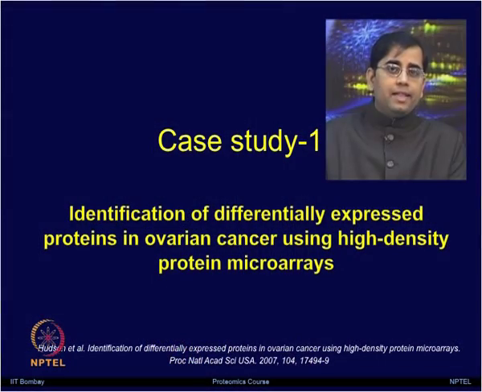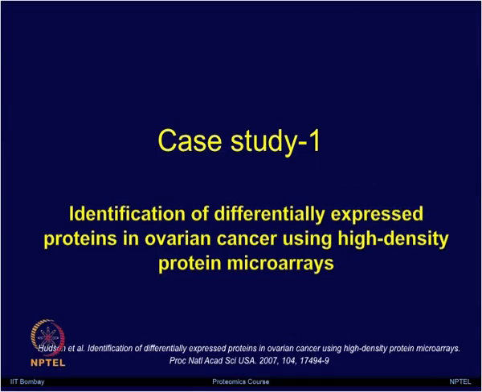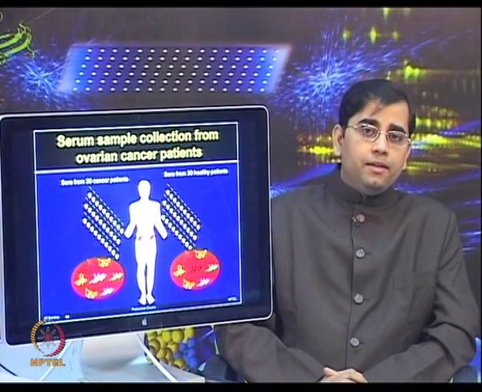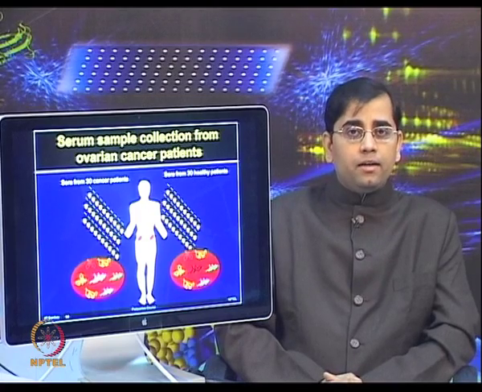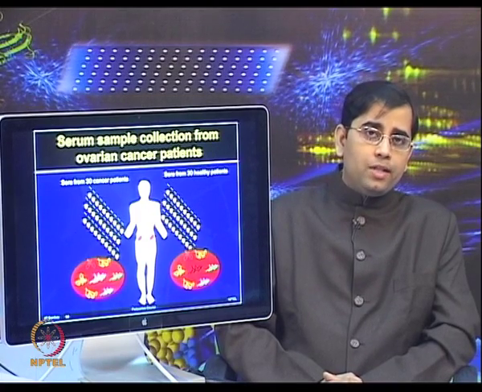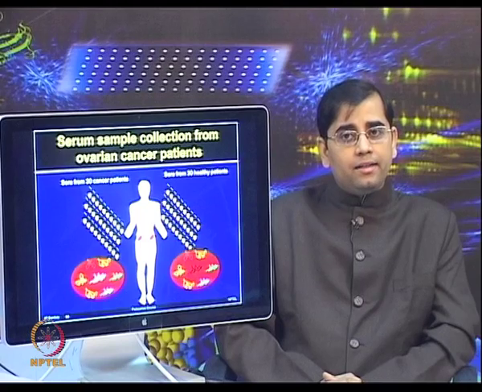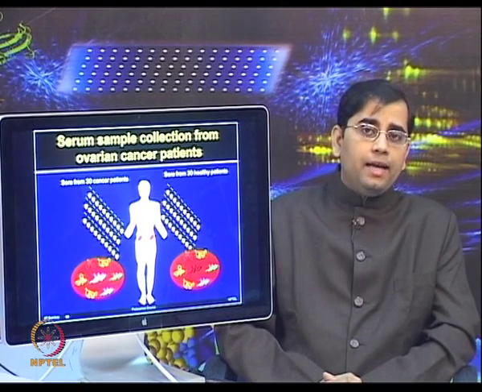So, let us start with case study 1, the identification of differentially expressed proteins in ovarian cancer using high density protein microarrays. The study was performed by Hudson et al. In this study, the authors have taken serum from 30 individuals suffering from ovarian cancer and 30 healthy individuals.